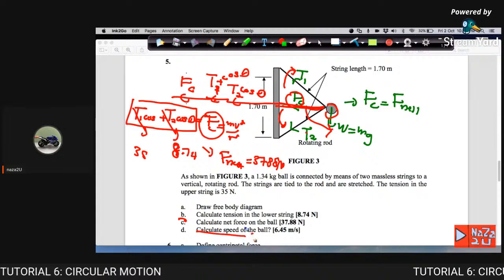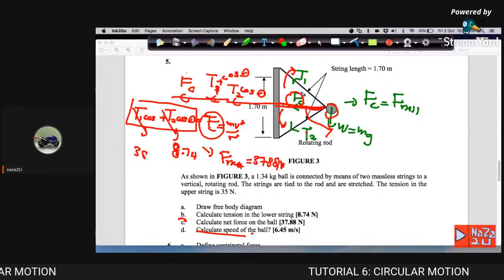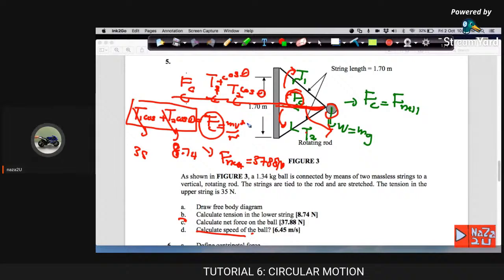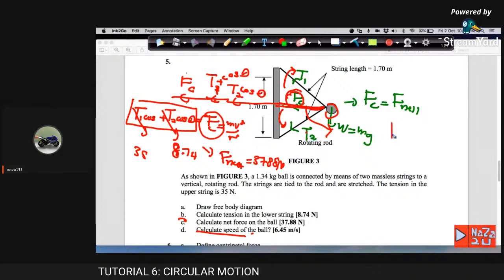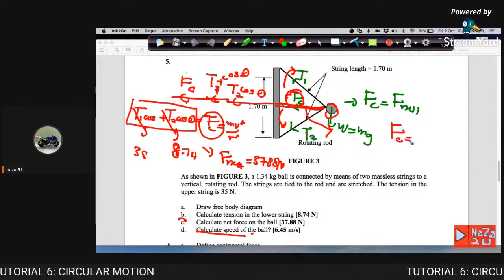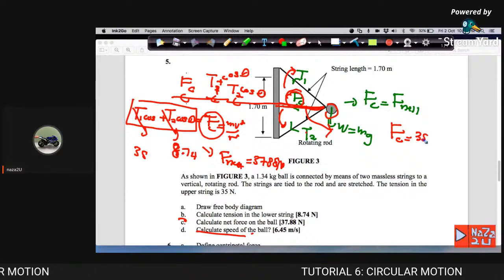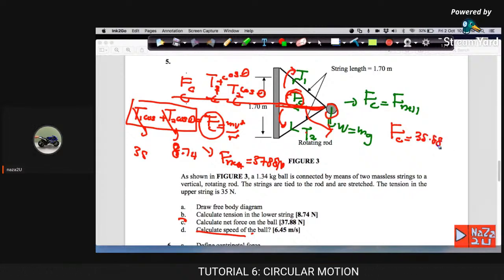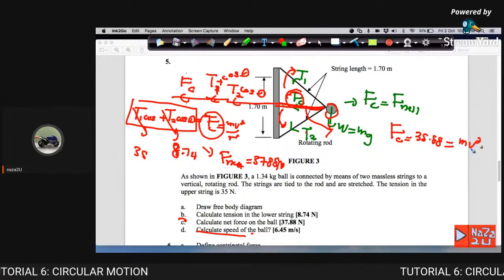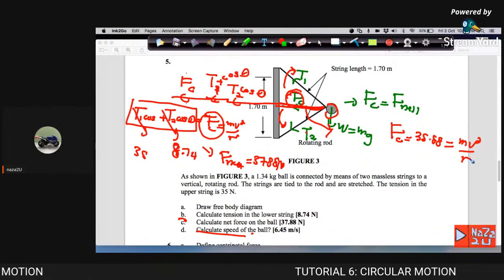Number D, the speed of the ball. Because the object starts moving, rotating the rod, we have a centripetal force, Fc, equal to 37.88, but Fc is equal to mv squared divided by r, right?